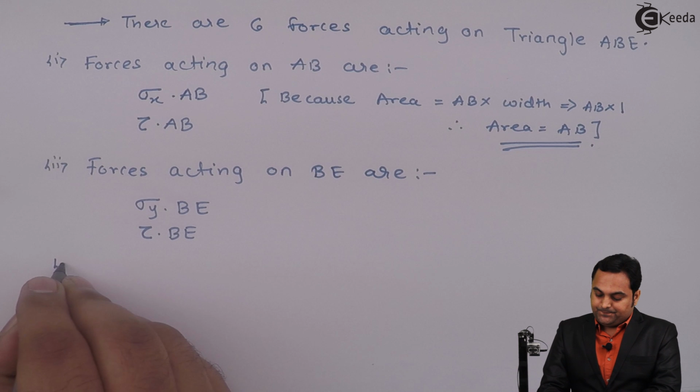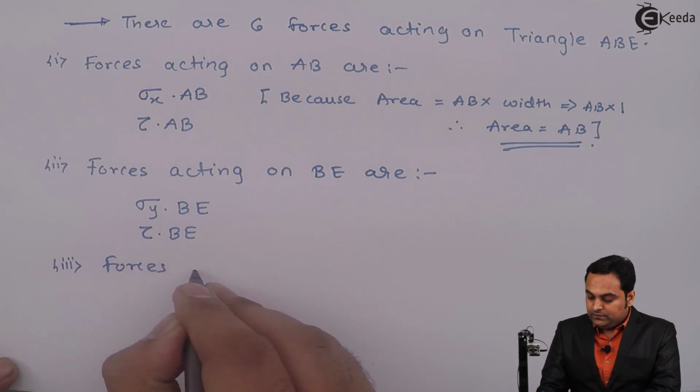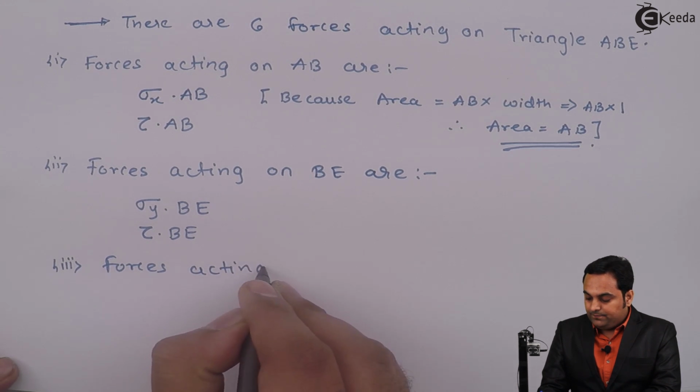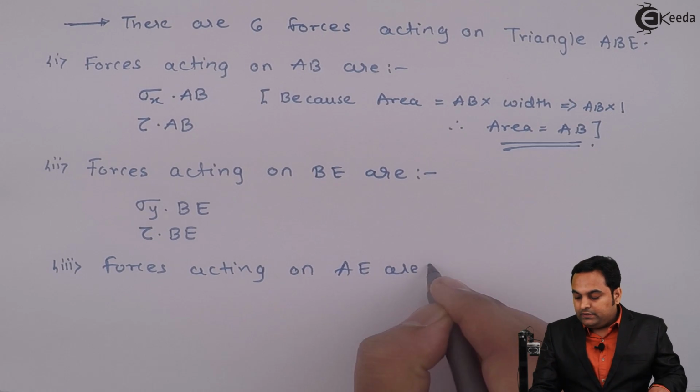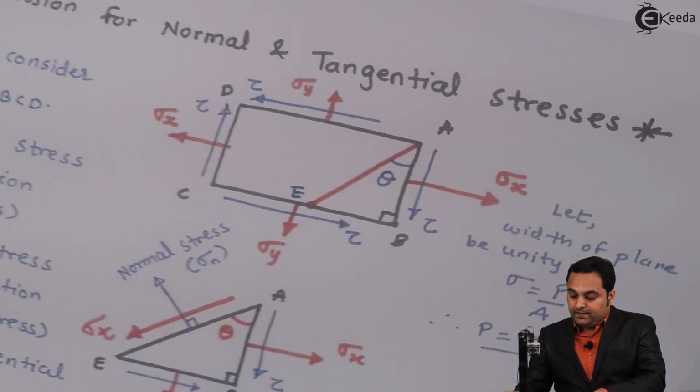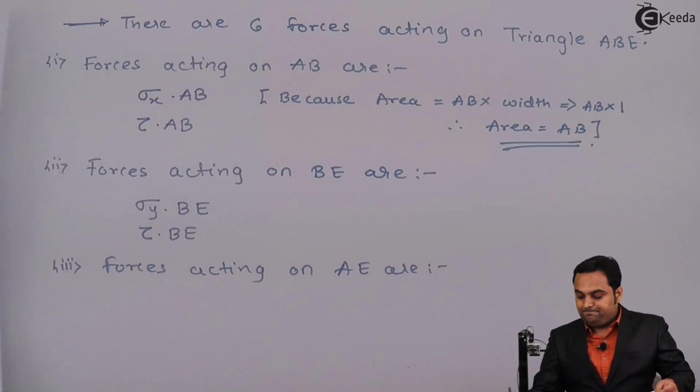Next, forces acting on AE are, as I can see in this triangle, AE is the hypotenuse.